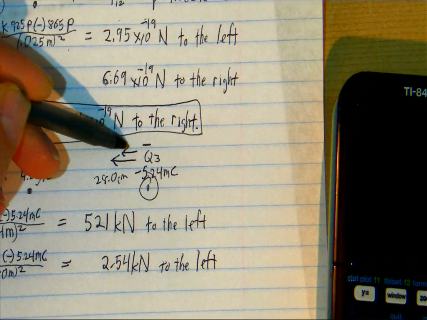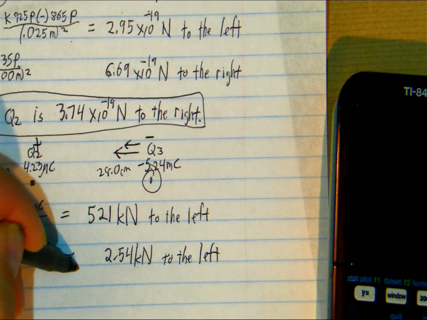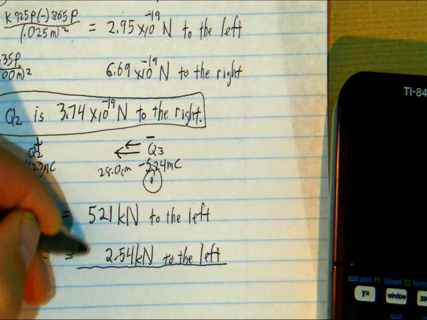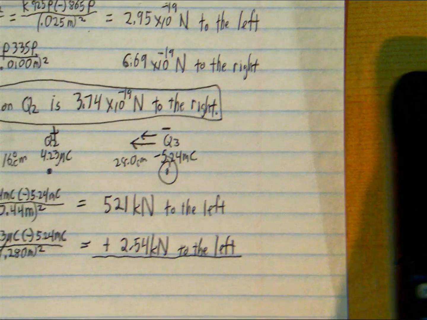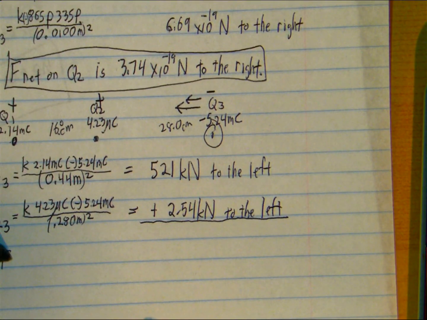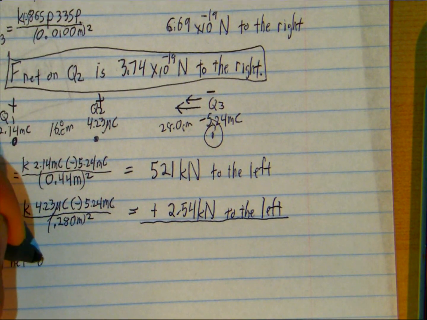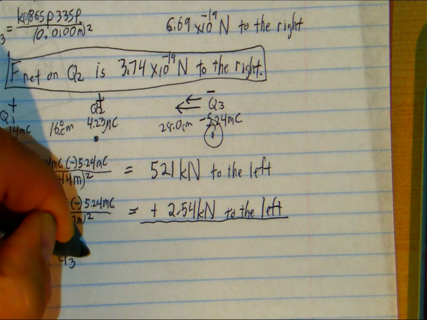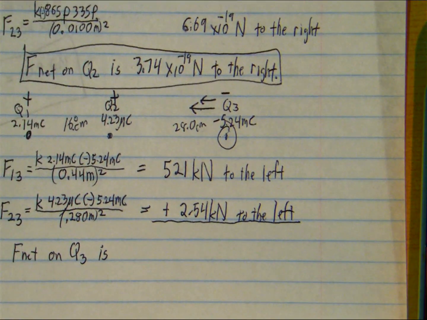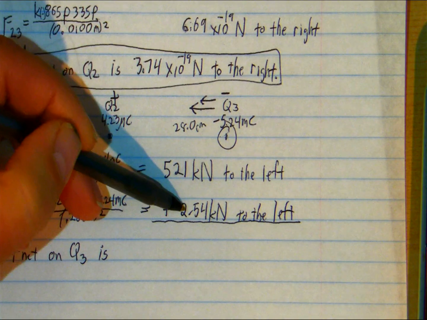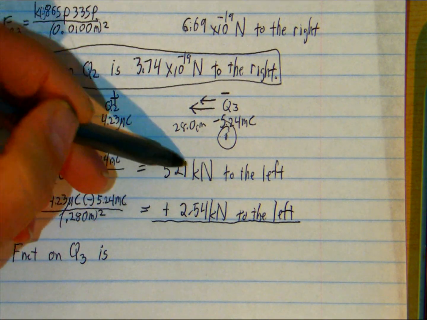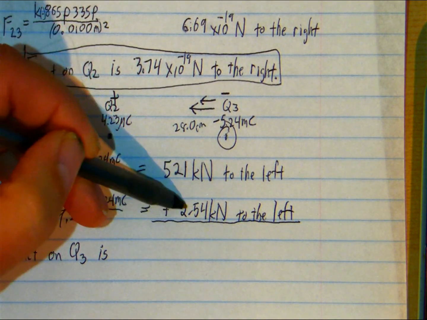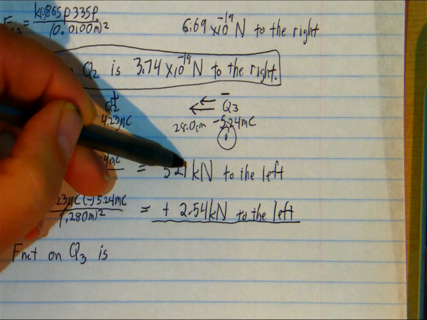All right, well, they're both pointing to the left. So to get the total net force, I'm adding these two forces together, and I could say that the net force on Q3 is 1 plus 3 is 4.